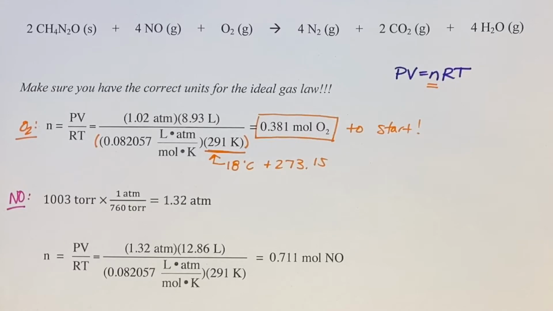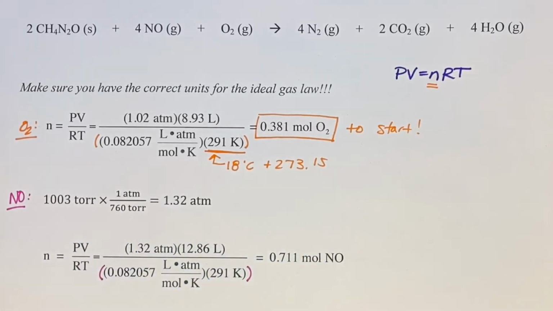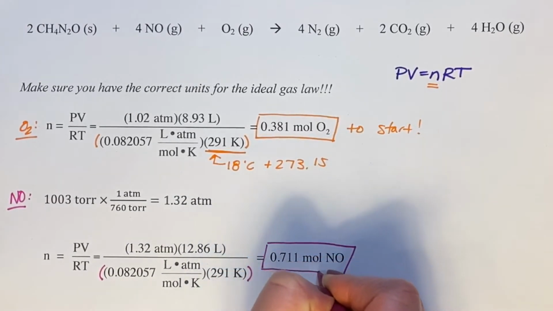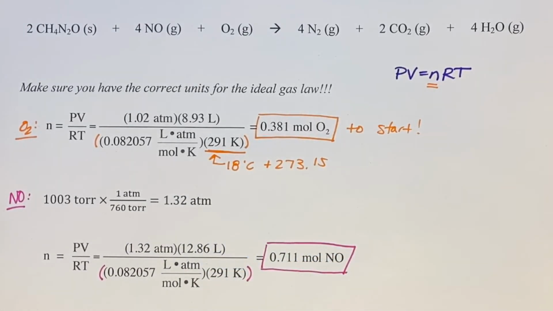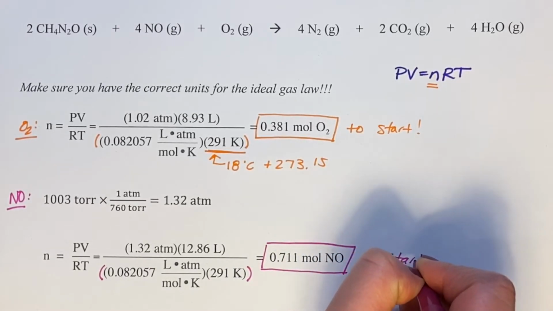When you go to plug in and solve for moles, make sure you use parentheses in that denominator. Make sure you divide by R times T. When you do that, you should get 0.711 moles of nitrogen monoxide. Again, this is the amount of nitrogen monoxide that we have at the start of the reaction.